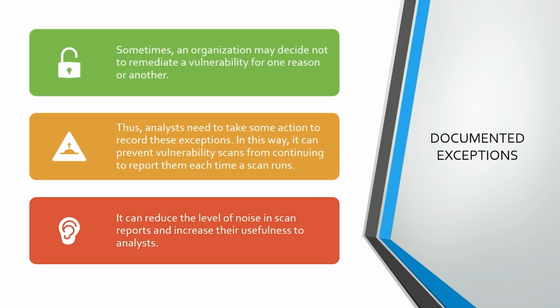Say I have a server that runs like a critical database, and for one reason or another the IT department decides not to remediate the vulnerability. What do I need to do on the security side? Document it, keep it. Okay. What else?